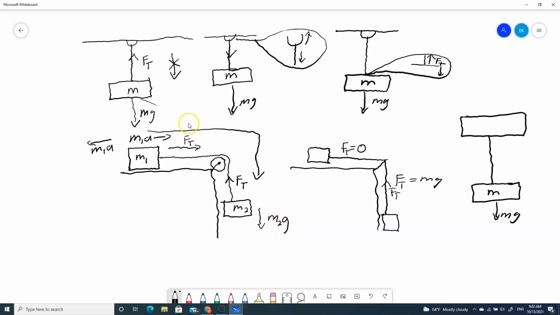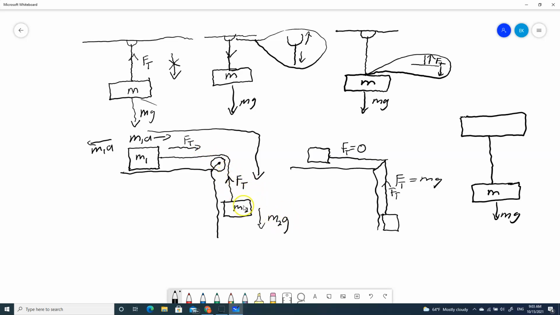Instead, it pulls down with the necessary force to accelerate this object to whatever this whole system is accelerating with. So in this case, it's going to be M1a. Because keep in mind that M2g, yes, there is a force of M2g, but this force is not going to get fully exerted on M1 because the system is accelerating at a different acceleration from g.